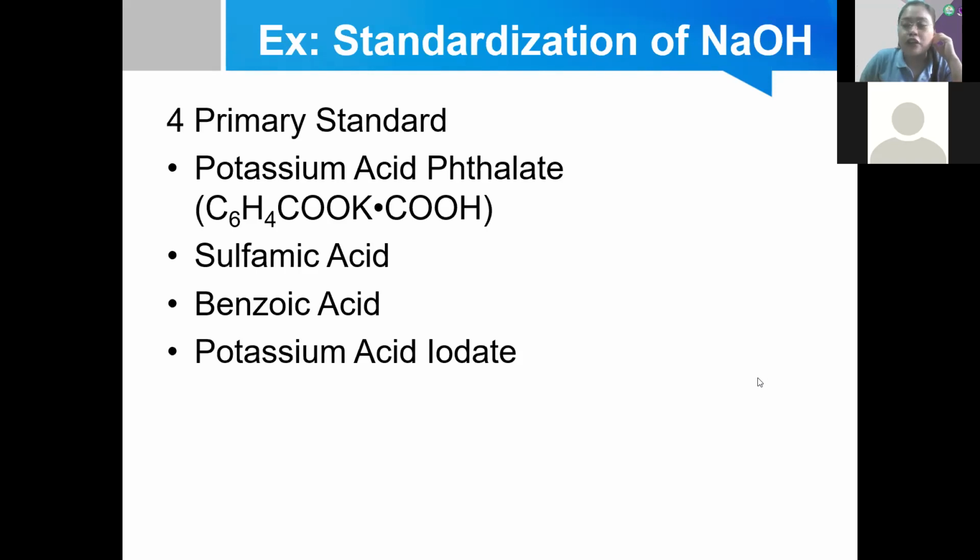Because sodium hydroxide is not really that stable. And this is actually hygroscopic. When you hear the word hygroscopic, remember it means any substance that absorbs moisture from the air.